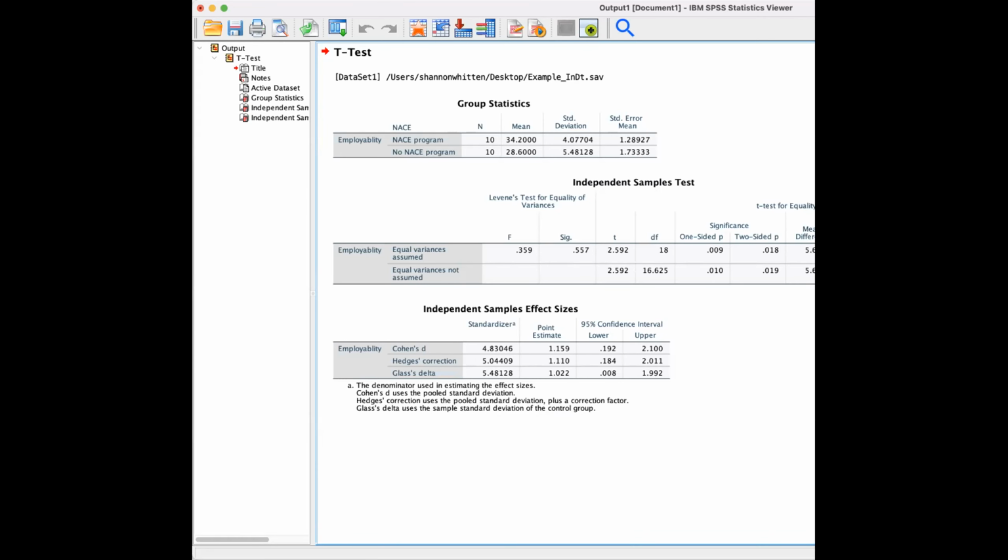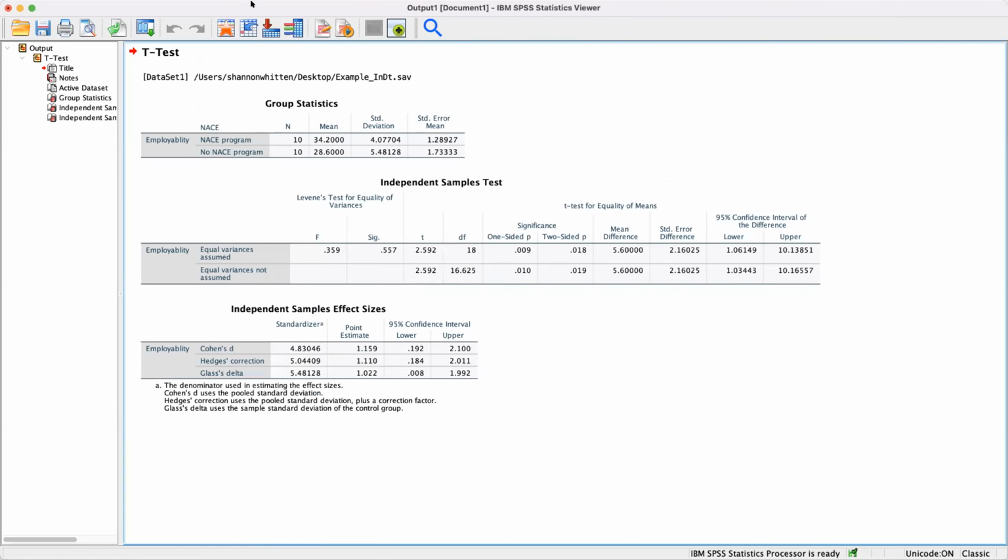So this would be what the data would look like in SPSS. It's a between subjects test. So we've got one group of students who did these competencies and another group of students who did not, right? And so this is group 1 who did it, group 2 who did not. And I don't know if you can see my screen, but I already did a t-test in SPSS. And so I'm pulling the means from the SPSS output.